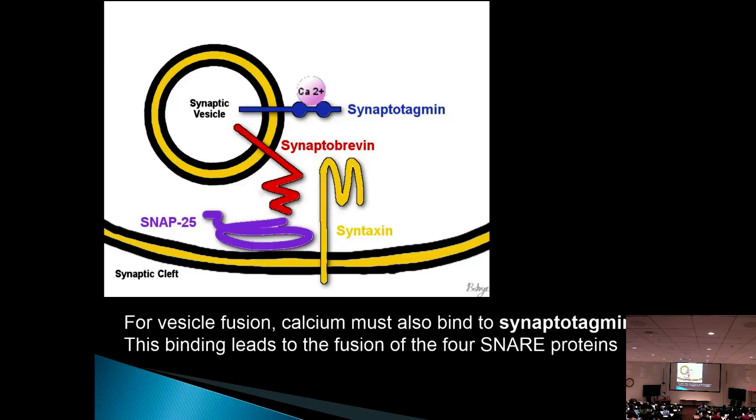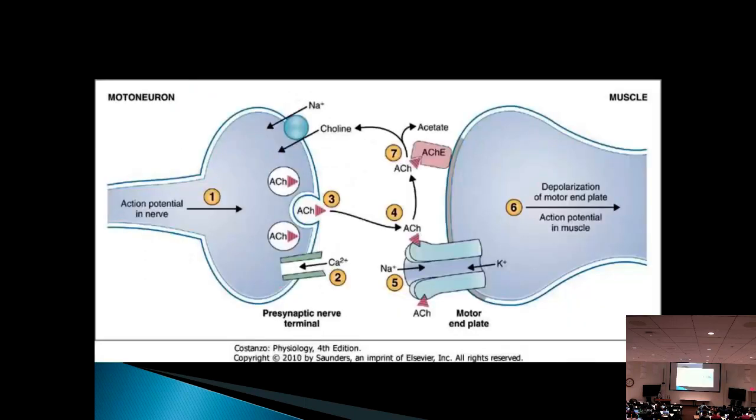So these 3, synaptobrevin, syntaxin, and SNAP25, are collectively referred to as the snare proteins. Okay, and there are 4 of them because there are actually 2 of the SNAP25s. Okay, so we'll come back to this here when we talk about botulism.